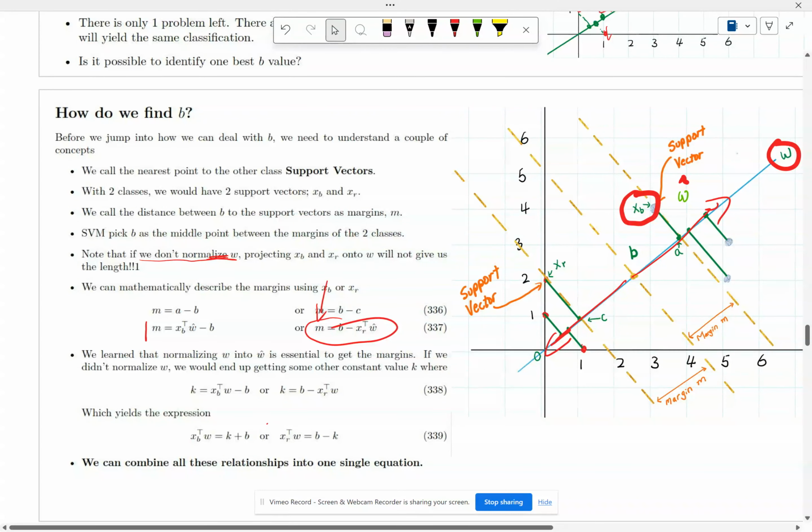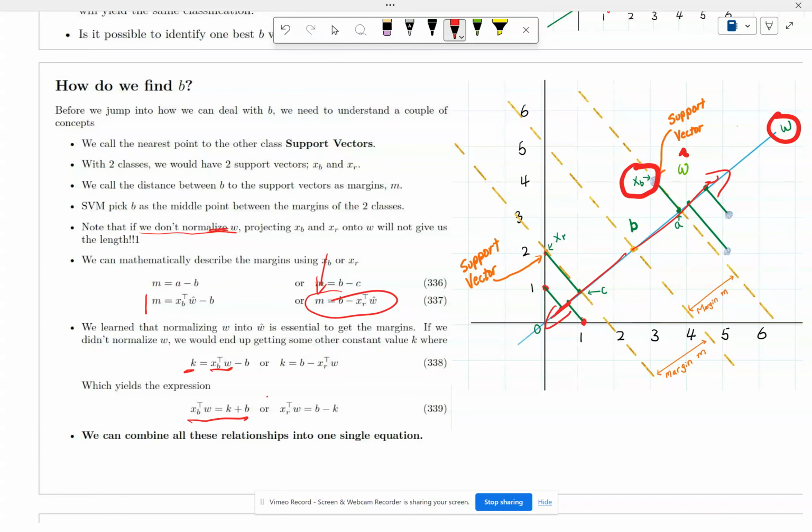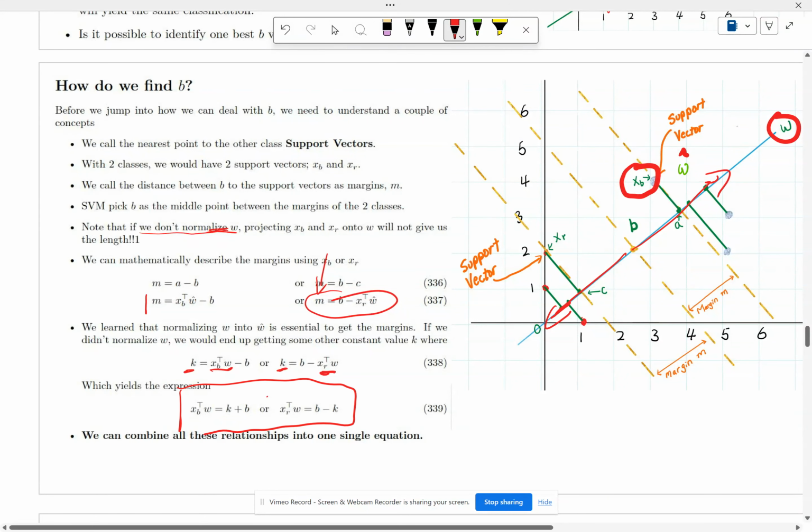Which yields the expression where I can just switch this with K, which gives us this. Now I can switch this with K again, which gives us this. Now we have all the necessary relationships. This is the relationship that we want.